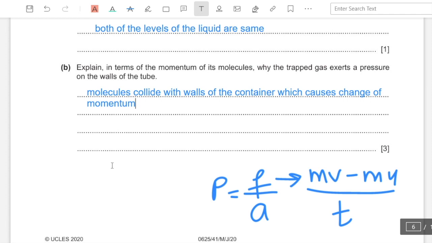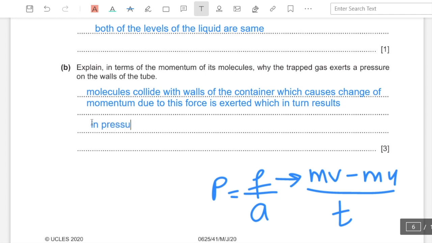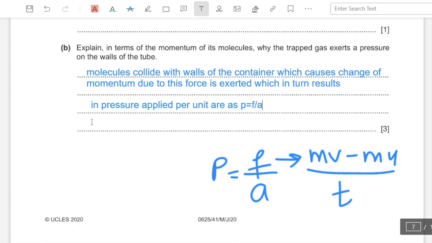And due to this change of momentum, force is exerted, as pressure is equal to force divided by area.